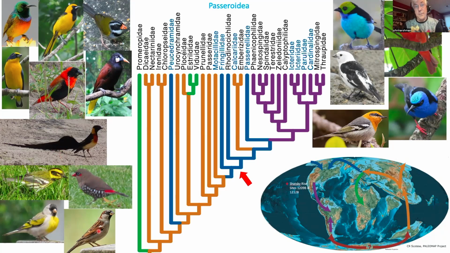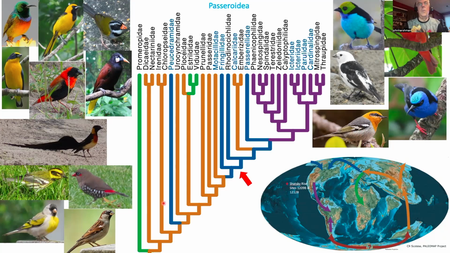Old World sparrows, the family usually just called finches. One I want to mention is the olive warbler. It's not a warbler. It's a family of one, and it's this one right here, Peucedramidae, right?